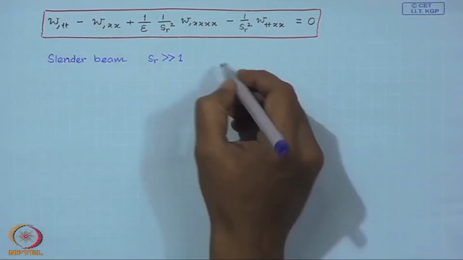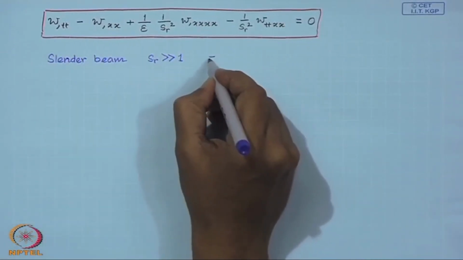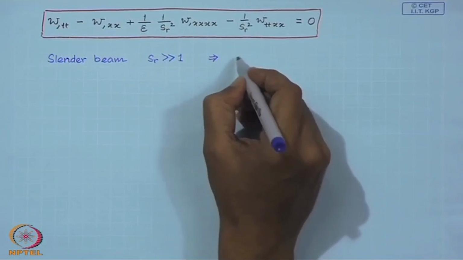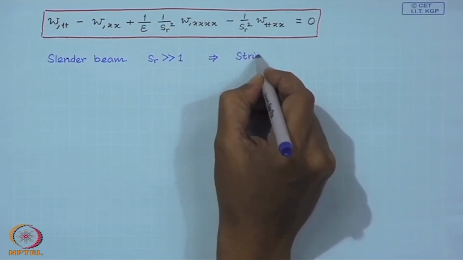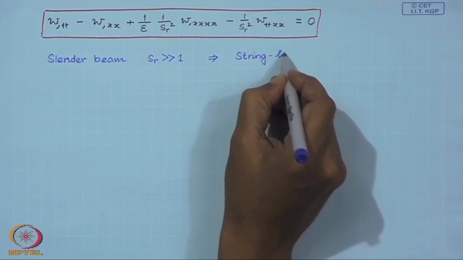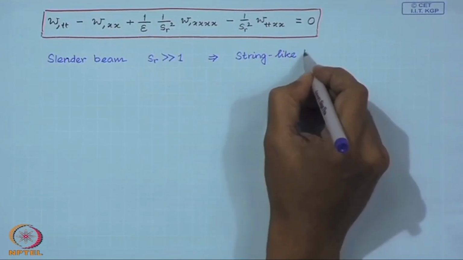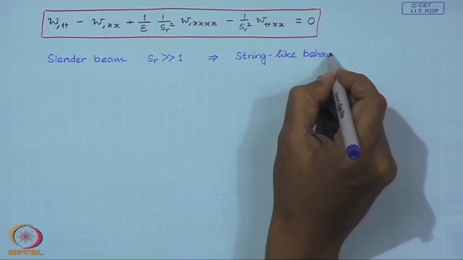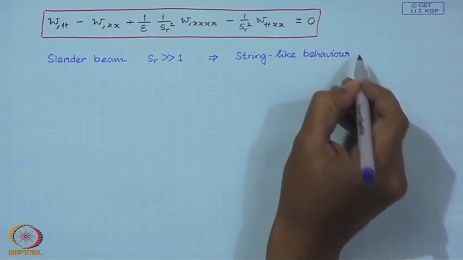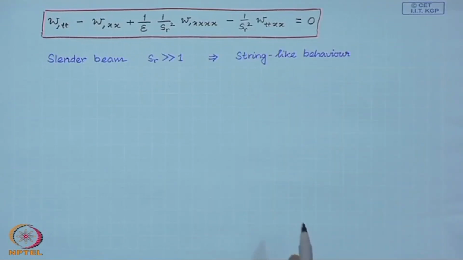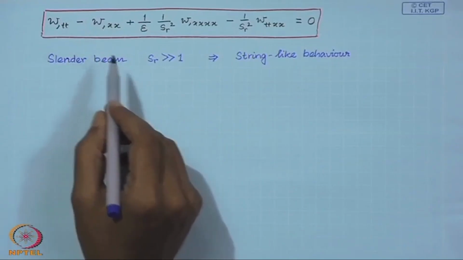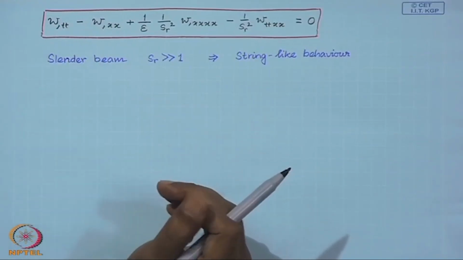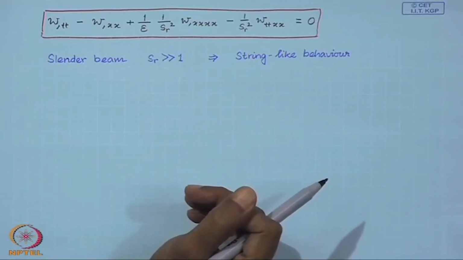So, in that case, we expect a string like behavior. In other words, we can treat a very slender beam under tension like a string.